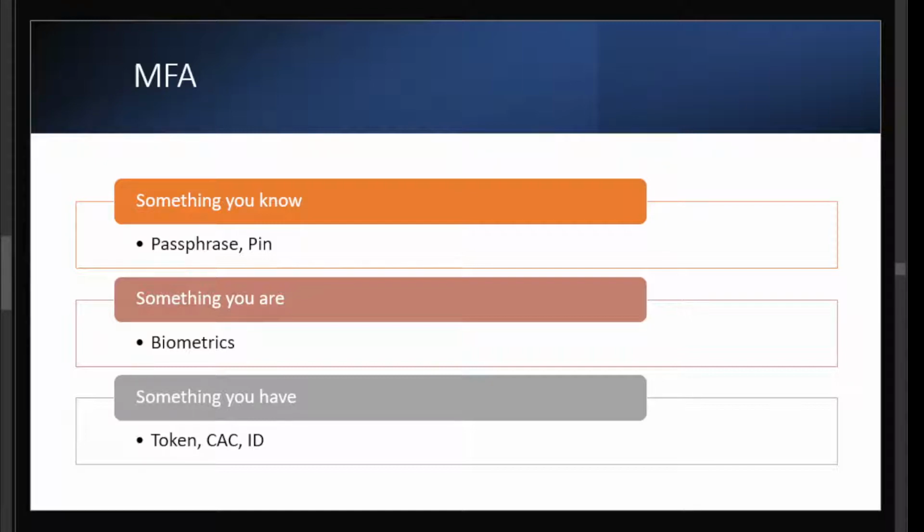If you just have one, or you have several of one set of this, say you have a passphrase and a PIN, that's not multi-factor authentication. However, if you have a passphrase and a biometric identifier, you now have multi-factor authentication. If you have all 3, a passphrase, biometric identifier, and a token, then it's much stronger.